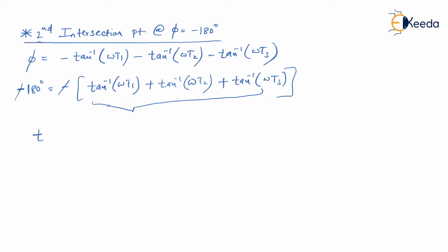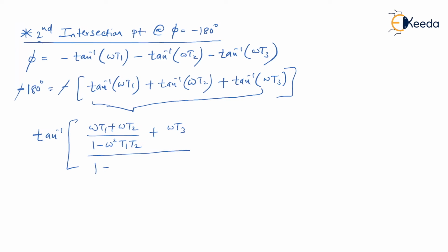So if you remember, it was tan inverse of, we had some numerator value which is omega t1 plus omega t2 upon 1 minus omega square t1 t2, plus omega t3, whole divided by some denominator like 1 minus omega t1 plus omega t2 divided by 1 minus omega square t1 t2, and this is multiplied by omega t3.